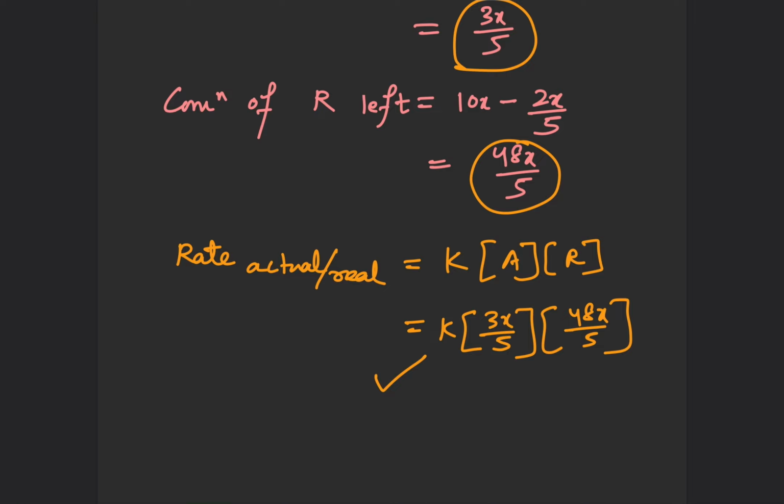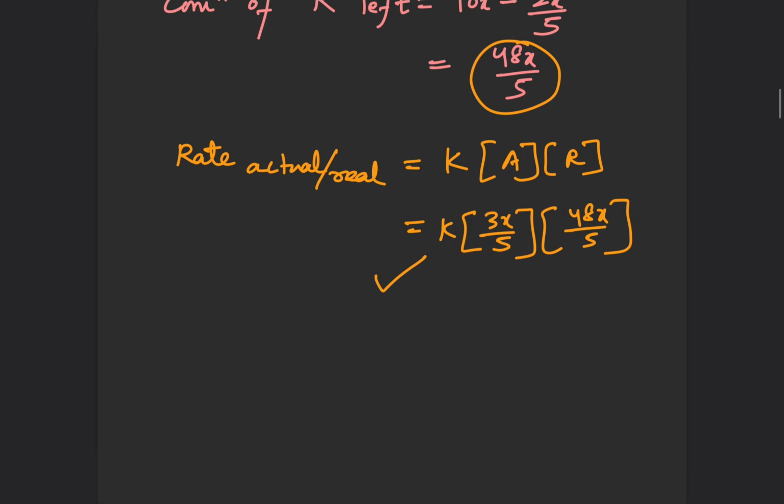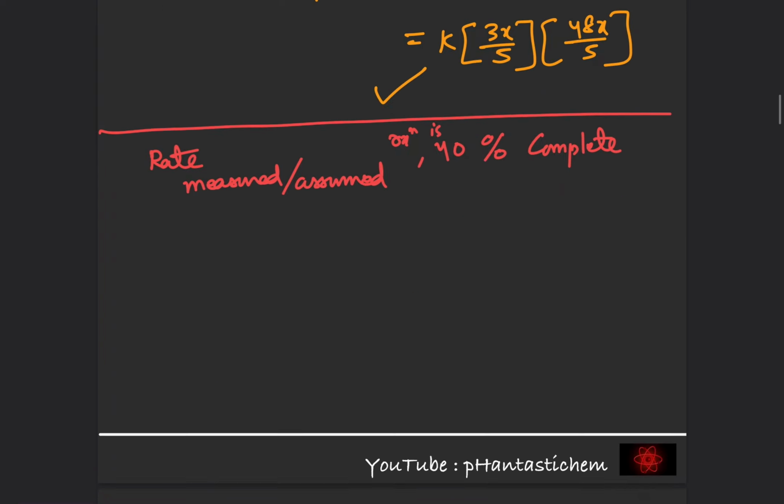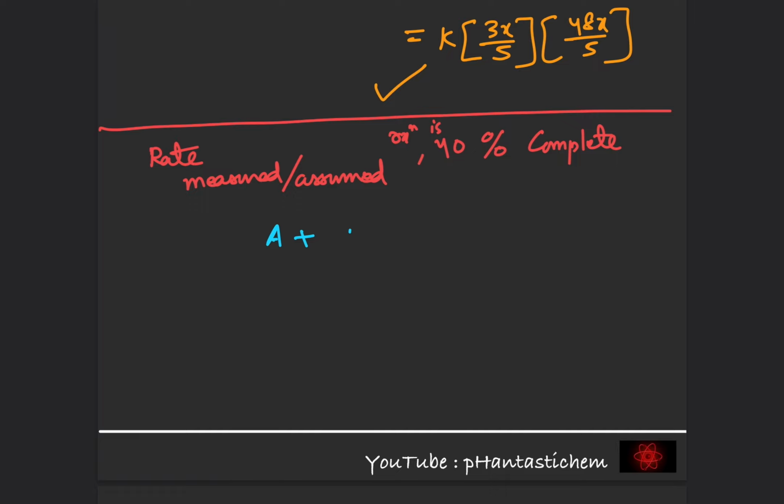Now when the reaction is 40% complete, to find the measured or the assumed rate. Okay, so we have to find the rate that is measured or assumed when the reaction is 40% complete. So I will write down the reaction again, that is A plus R giving products.